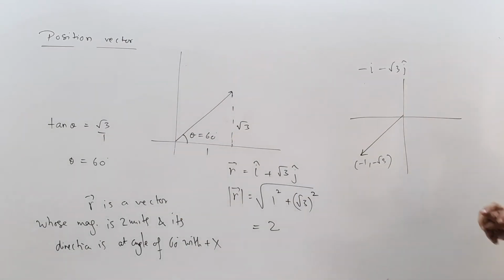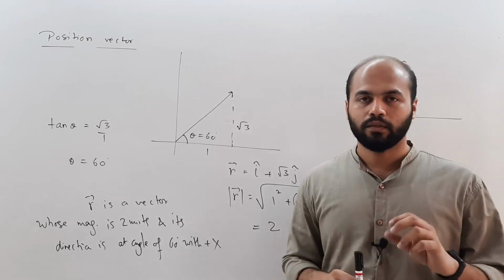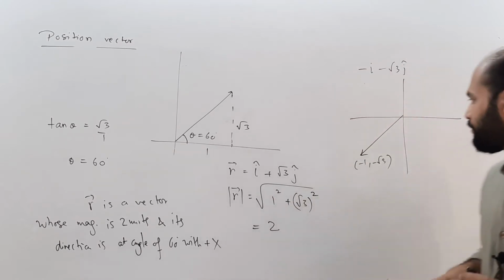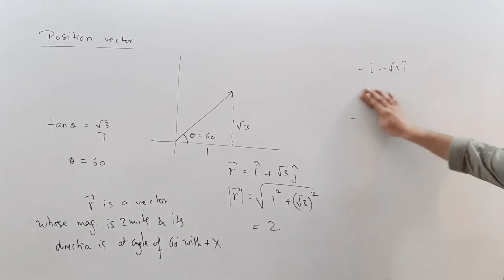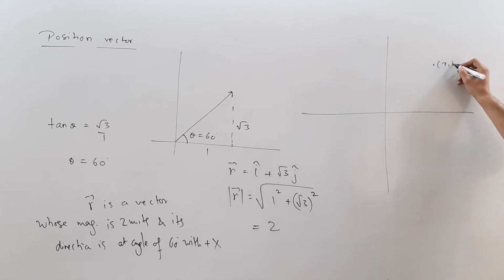Now if we can define any particular vector, let me write a general expression in terms of x and y and see what happens at that point of time. So now I am taking a general point in the xy plane, x comma y. Let us take this point.